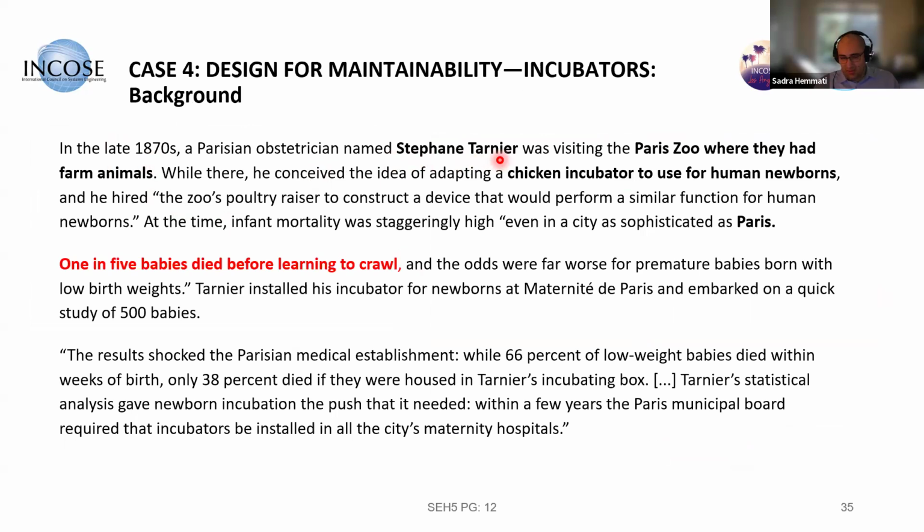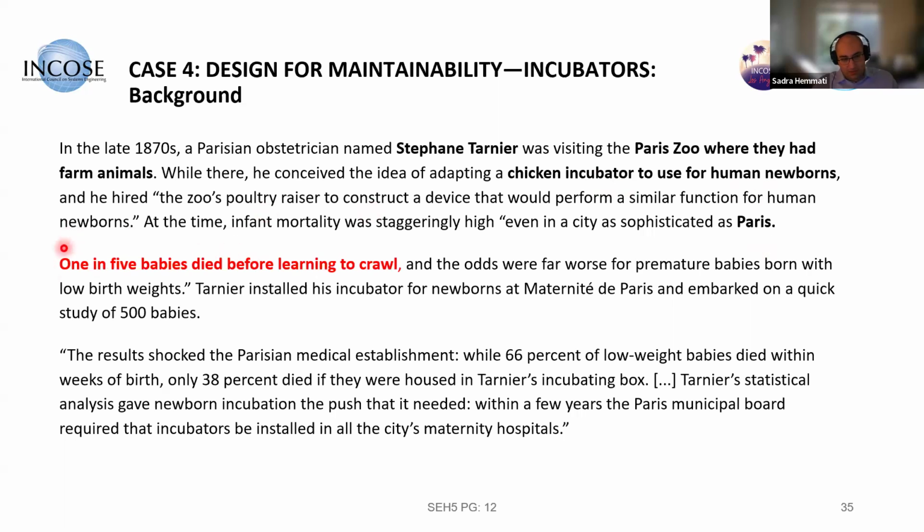So this is about how ideas come into our heads, right? He went to a zoo and saw farm animals. He saw a chicken incubator, and that sparked the idea that we can put human newborns in incubators to help them. They're really vulnerable when they're born, and these incubators help them to survive. Their rate of survival increased significantly by this idea.